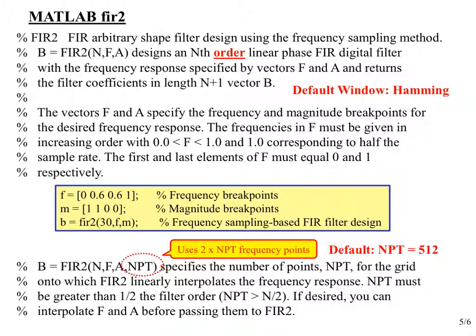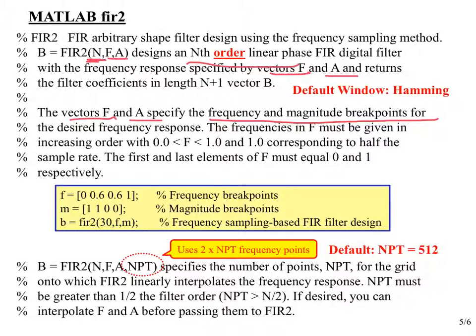So what do we need to specify here? Well, we need to specify N, which is the order, not the length. We need to specify F and A. The vectors F and A tell us the values that we're looking for, but not all the points. It's just laying out: it's this value over this region, and then it's this value over this region. So the vectors F and A specify frequency and magnitude breakpoints.